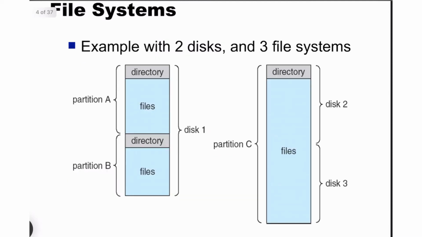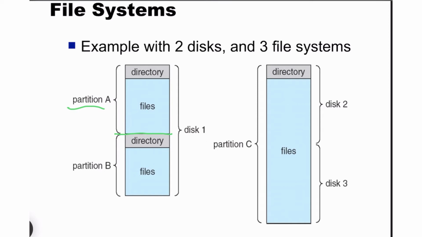So, for example, in here, an example of 2 disks and 3 file systems. In partition A we have a file and a directory, in partition B a file and a directory, and in partition C a file and a directory.